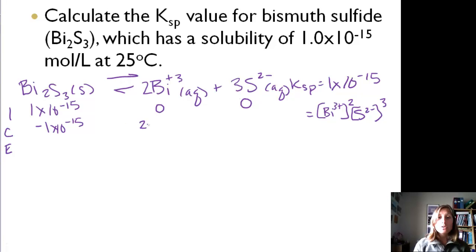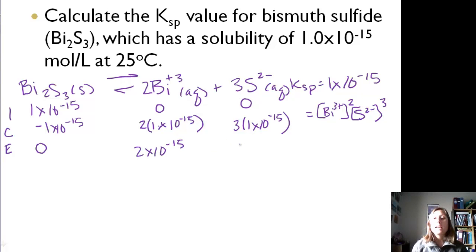And to these, we're going to add 2 times that molarity, and for sulfide, it's 3 times that molarity. And so for equilibrium, we have nothing of our solid left. Here we have 2 times 10 to the negative 15 for bismuth, and 3 times 10 to the negative 15 concentration for our sulfide ions.